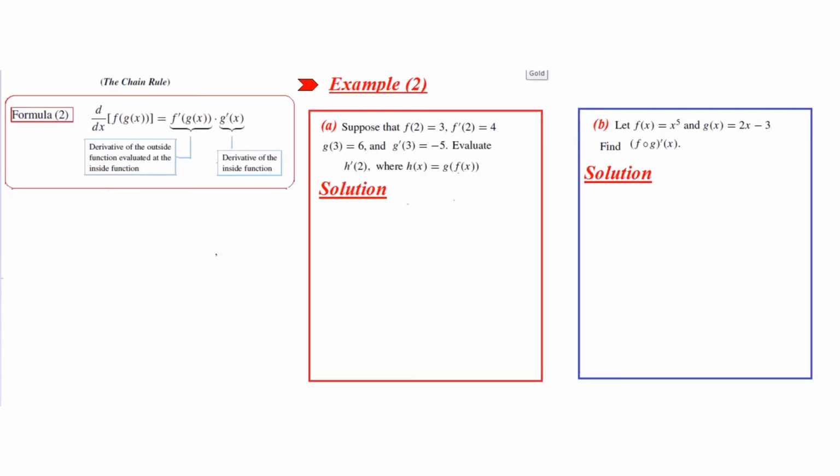The chain rule formula 2. Part A. We have given things here: f of 2 equals 3, f prime of 2 equals 4, g of 3 equals 6, g prime of 3 equals negative 5, and you have to evaluate h prime of 2, where h equals g of f of x.